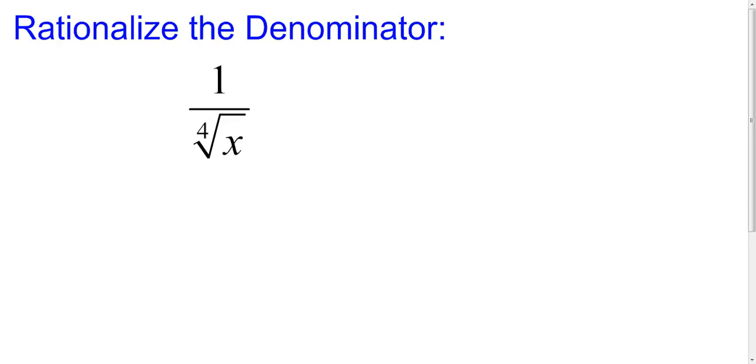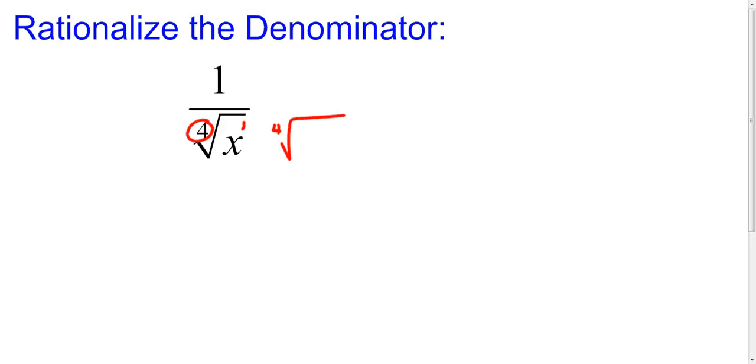The next thing you're going to want to do is this. Again, you can't have a radical in the denominator, and what you need to think about doing is you're going to multiply this by the 4th root of something. This is x to the 1 right now. Because this exponent is a 4, you need to have a multiple of 4 as your exponent on your x's.